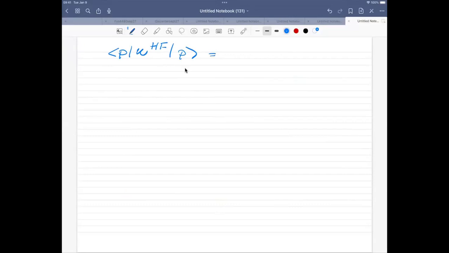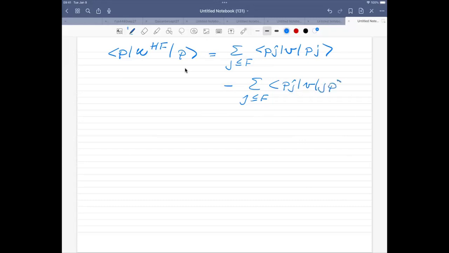And this contains now two terms where we are summing over all states up to the Fermi level. So we would have <pj|V|pj> minus, and then I'm splitting up this in terms of the direct term and the exchange term, <pj|V|jp>. This is normally what we would put together in terms of an anti-symmetrized matrix element.